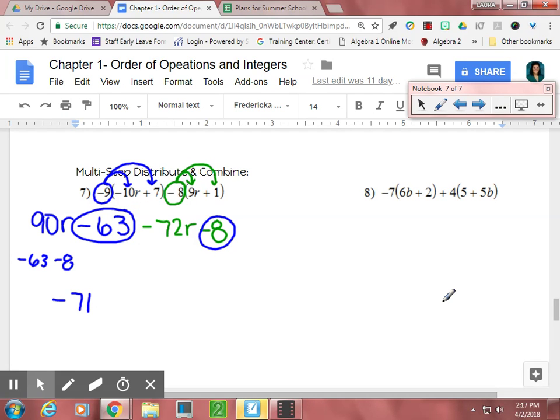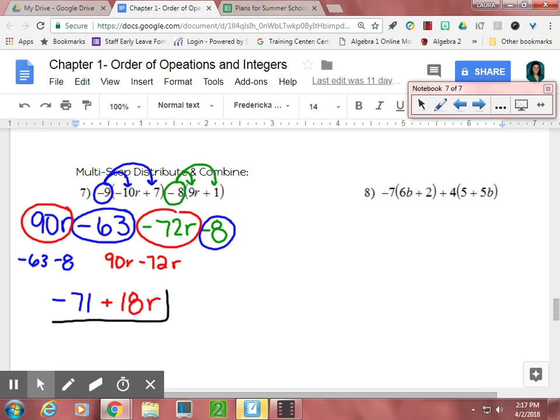Then my letters are 90r and negative 72r, which is going to give me 18 r's when we take those away. Okay, so then I look at those two, and I see that one is just numbers and one is just letters, so this is my answer.